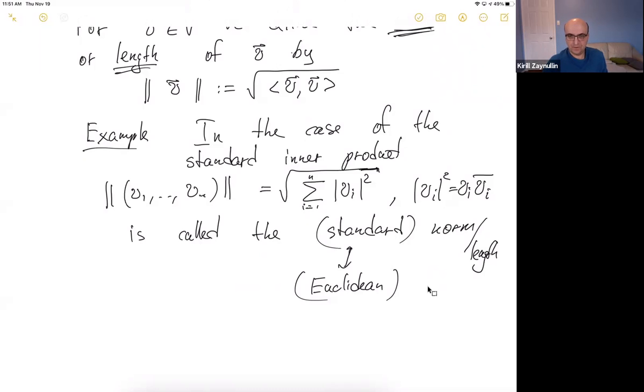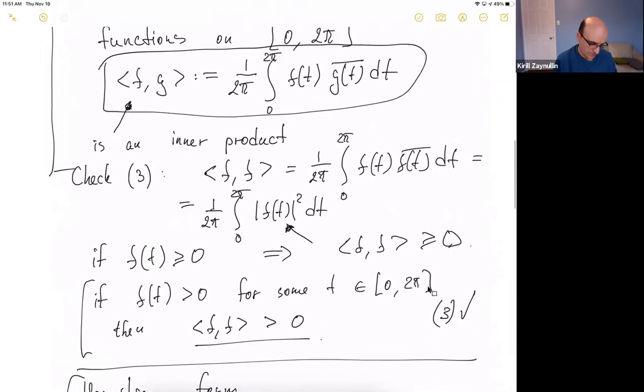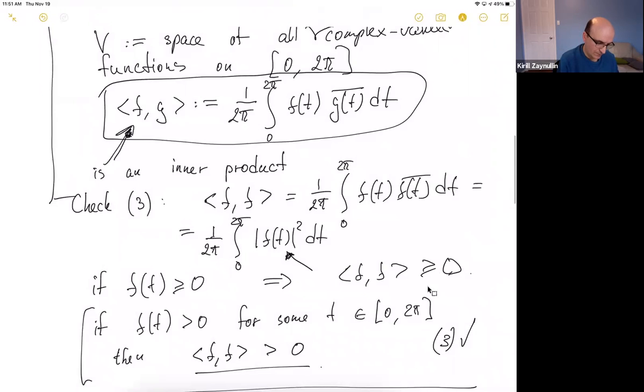Of course, we have different kinds of norms now. Whenever you have an inner product space, for instance the complex valued function space, you have the inner product defined by means of the integral that I mentioned right here. Then you have the notion of the length, the norm.